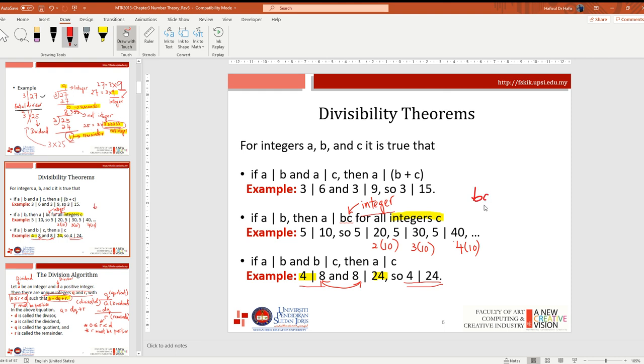Please be reminded that c must be an integer. This holds for all integers c. 5 divides 10, so 5 divides 20, 5 divides 30, 5 divides 40. Okay.